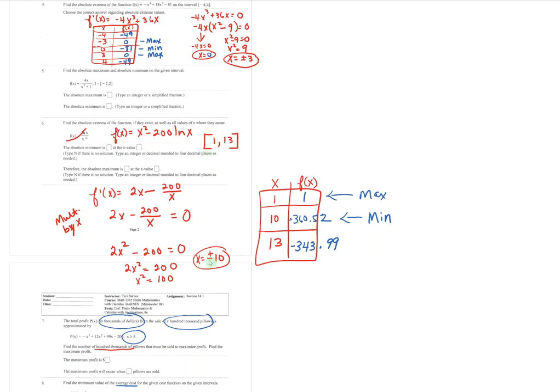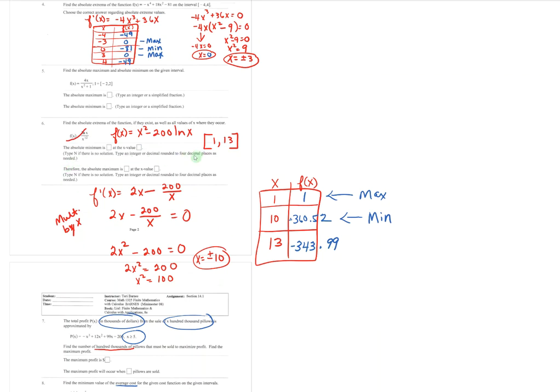So the -10 is discarded because we only start at 1. We don't have a negative over here. So we just have 1, and we have 10, and we have 13. And when you plug those in to the original, you get 1, you get -360.52, and you get -343.99.